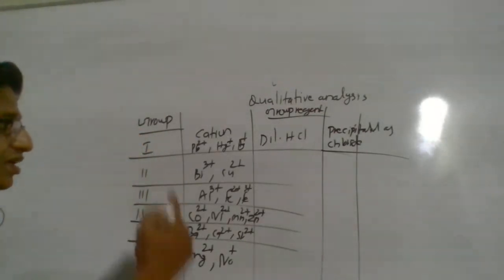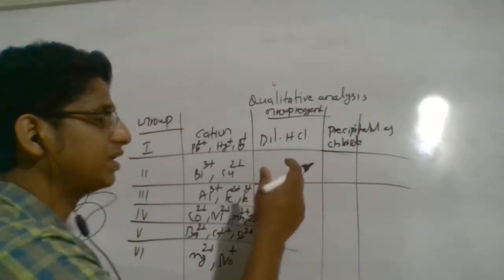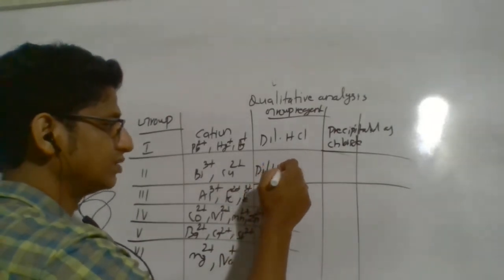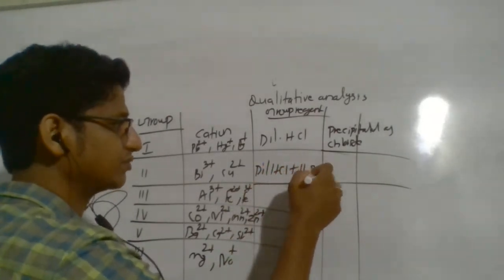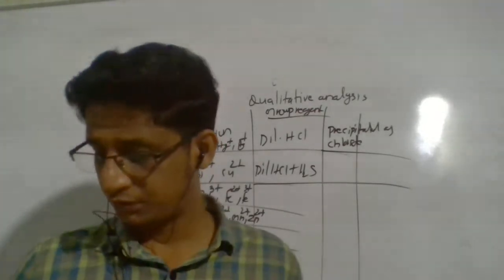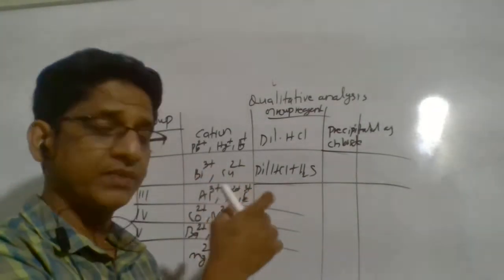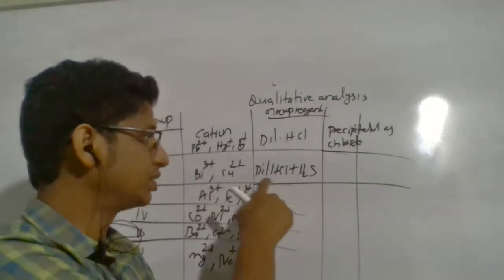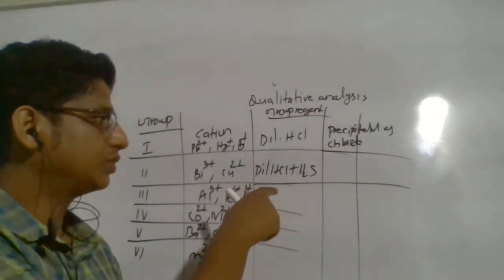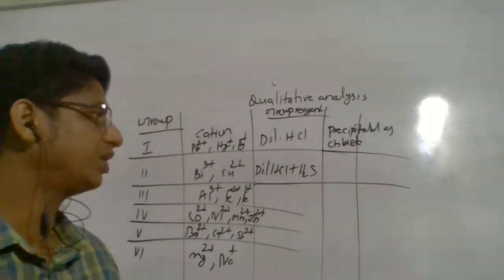Similarly, group 2: these are the possible cations, and what is the reagent? It is very important to identify the group reagent, because the presence of dilute HCl is required. Dilute HCl plus H2S is the group 2 reagent. It's very important to say dilute HCl plus H2S, because when you want to precipitate group 2 the presence of dilute HCl is essential; I will discuss the chemistry later.